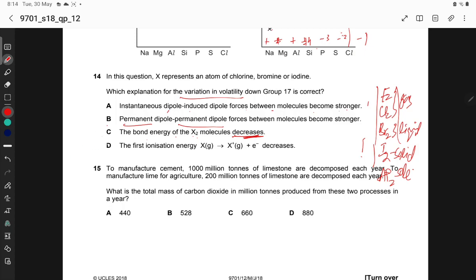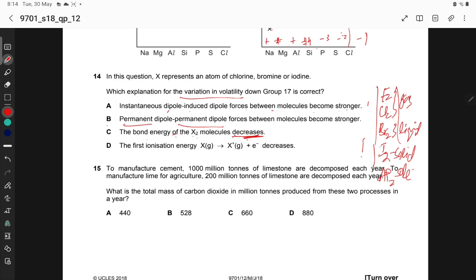So option C, the bond energy of the X2 molecules decreases. This is a true statement because the bond energy of fluorine is very high compared to the bond energy of iodine.